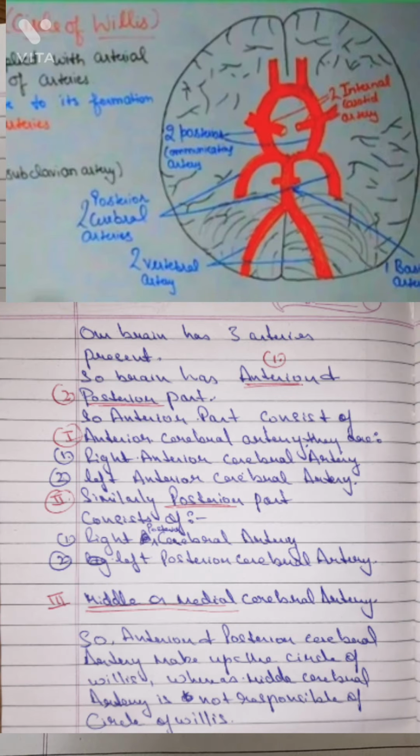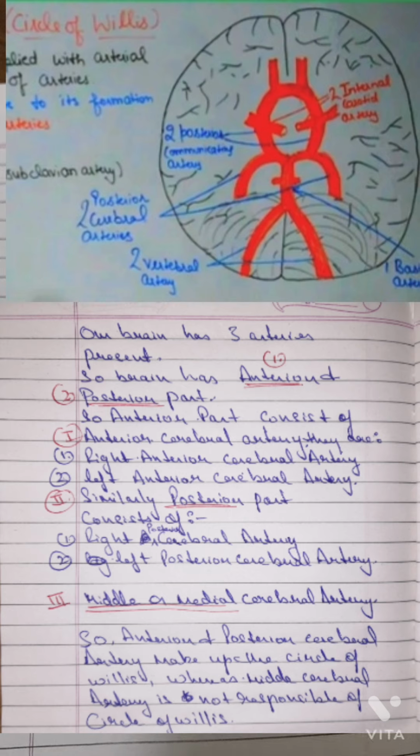Next, the brain has an anterior part and a posterior part. In the diagram you can see the upper part of the brain is known as the anterior part and the lower part is known as the posterior part. The anterior part consists of the anterior cerebral arteries: the right anterior cerebral artery and the left anterior cerebral artery.